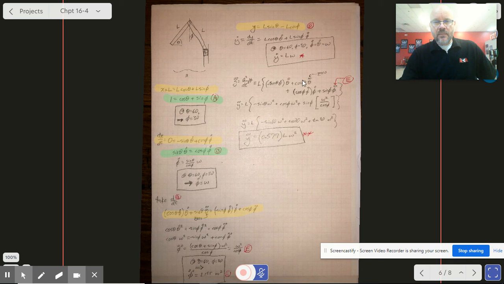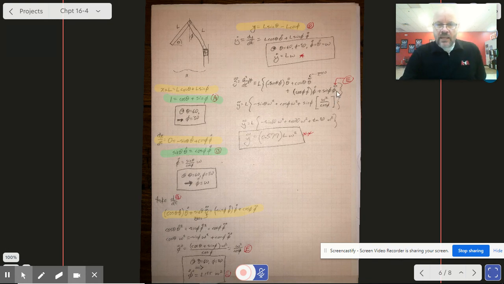Then we do the other part, cosine theta double dot, this right here. Then sine phi becomes cosine phi, phi dot, with our phi dot from the outside. And then finally, sine phi double dot right here. Again, we're going to toss the theta double dot term. It doesn't matter because it's 0. And that gets us to this equation right here.